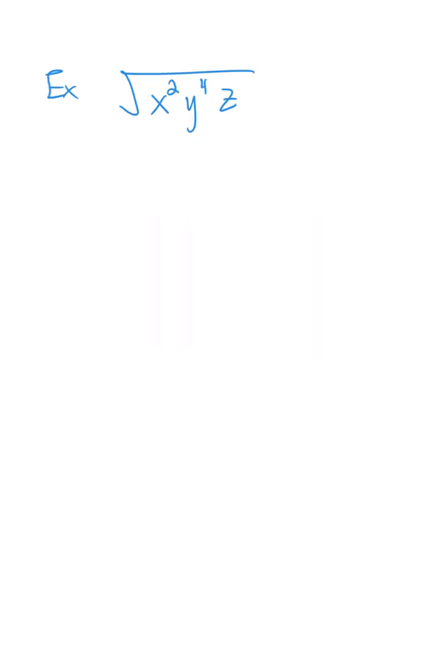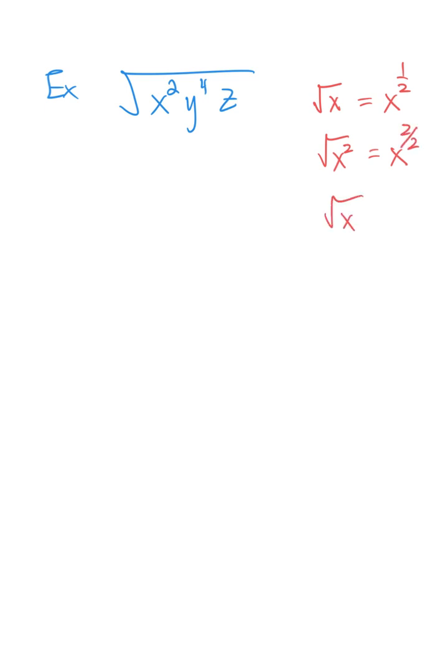Okay, got to tackle it with variables. So now what I will do, and you'll see me do this in variable land, is you will see me change them to exponential form. So like the square root of x equals x to the 1/2. Okay, so square root of x squared would equal x, power goes on top, root goes on bottom.